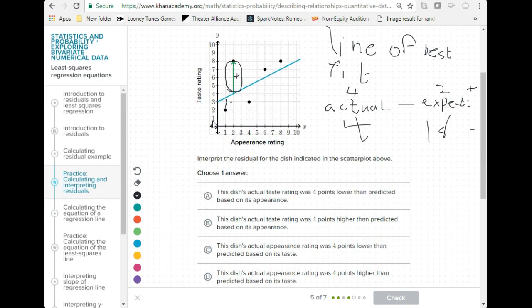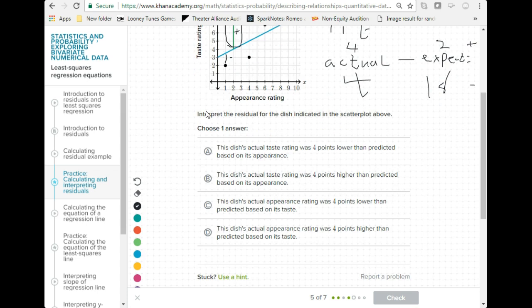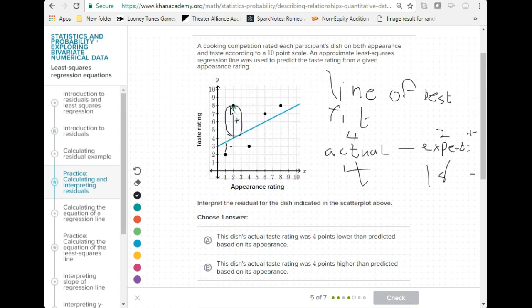Basically, for the appearance rating, then they taste it, then they give a taste rating. Interpret the residual for the dish indicated on the scatter plot above, which is this. We're trying to figure out what the residual means in context.